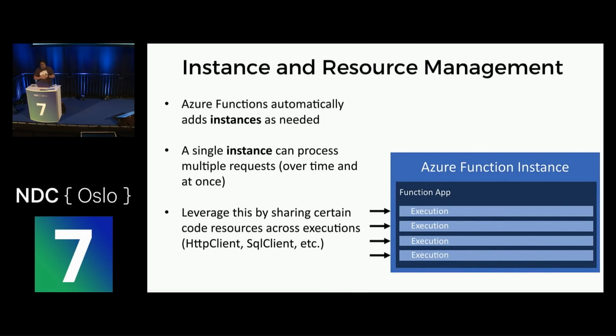Now, the reason this is important, and one of the best practices to know, is that you can take advantage of the fact that, yes, there are servers powering serverless, and you can reuse certain resources across executions. So for example, a very common example of this is a SqlClient in your code. Maybe your code needs to talk to a SQL database and you're using SqlClient.